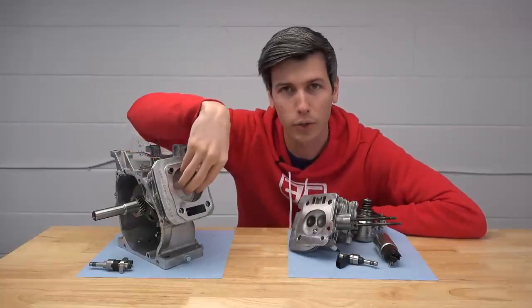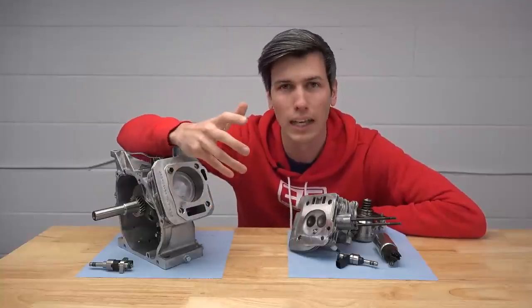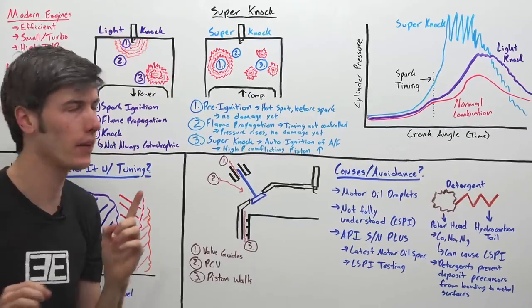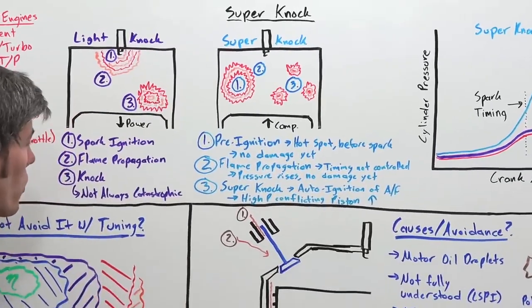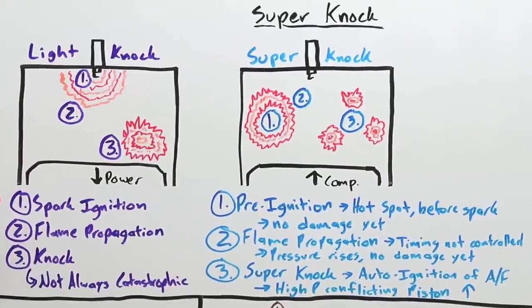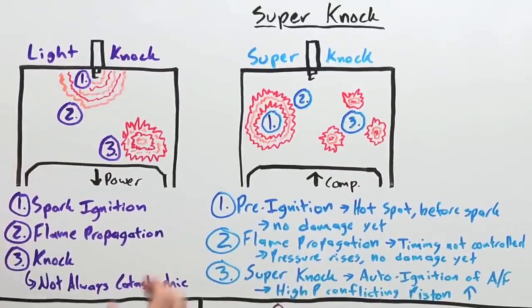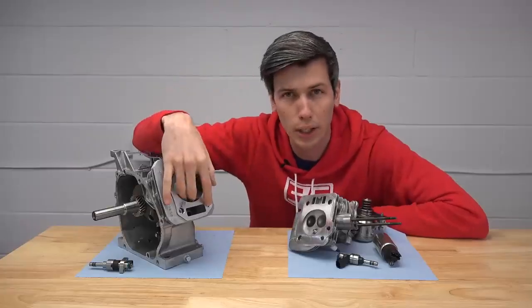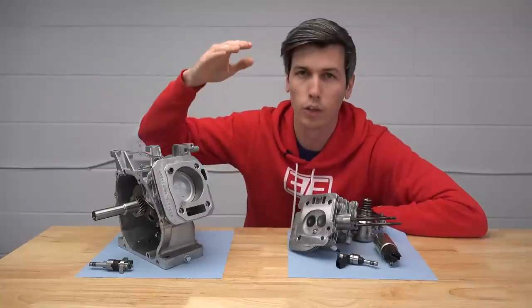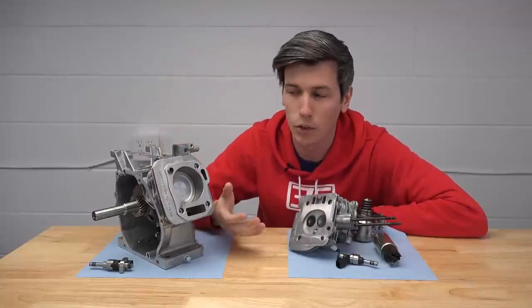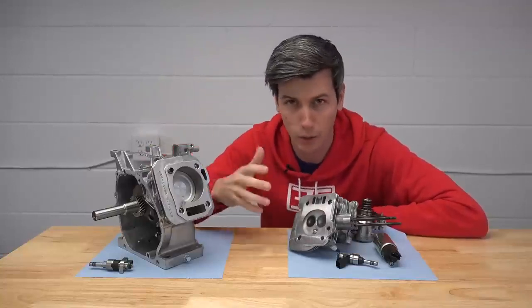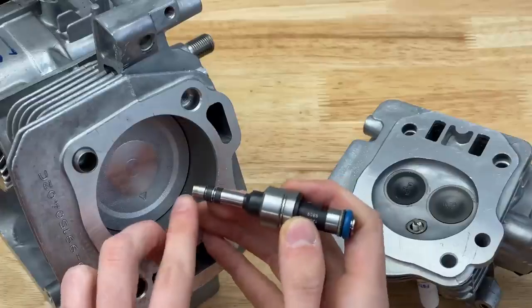So the hotter your temperatures within the cylinders, the more likely you are to run into knock. Knock basically is when you have combustion occurring that isn't ignited from your spark plug, and it can destroy engines, so you don't want it to occur. So by having that cooling effect, you reduce the temperatures, you reduce the likelihood for knock, and that means you can advance your spark timing and make loads of power. So that's a big advantage of direct injection.